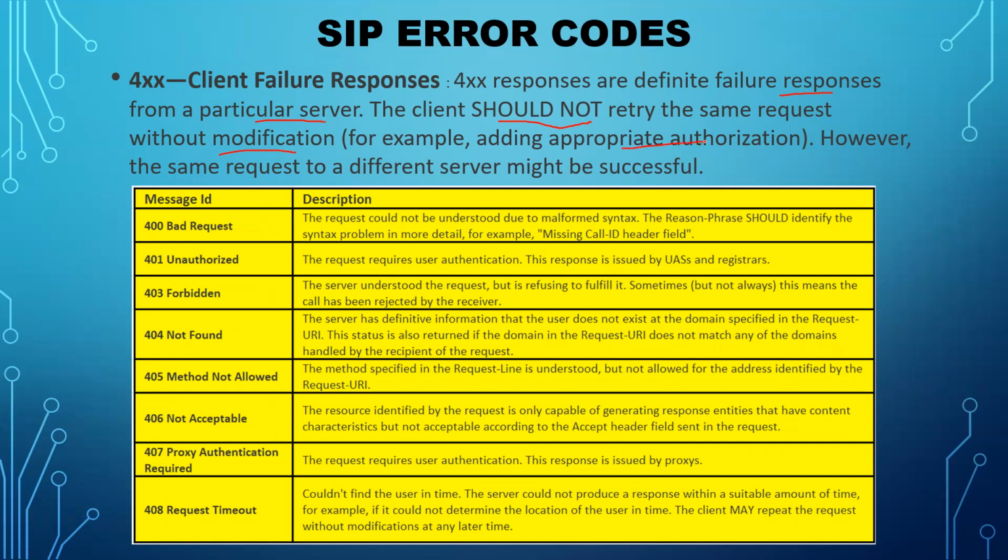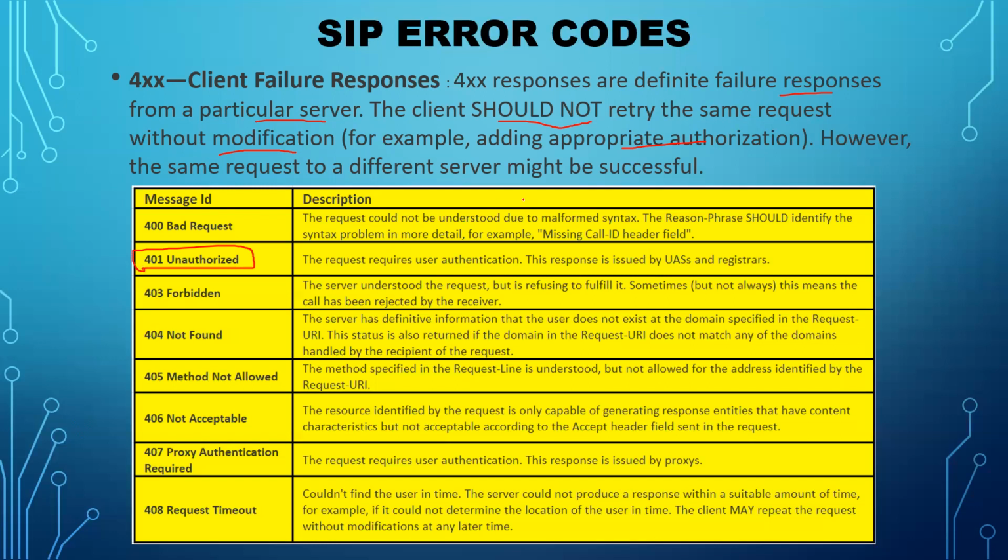If something is not authorized, then you will get a 401 Unauthorized message. And if you keep sending the same thing, you will get the same message again and again, right? So without modifying, do not retry it. Modify it first and then retry.